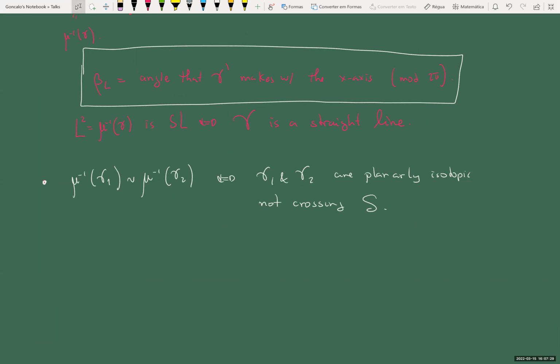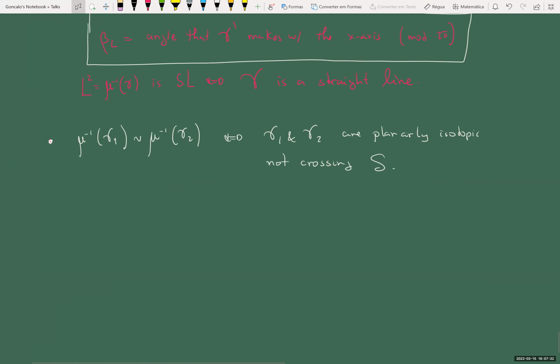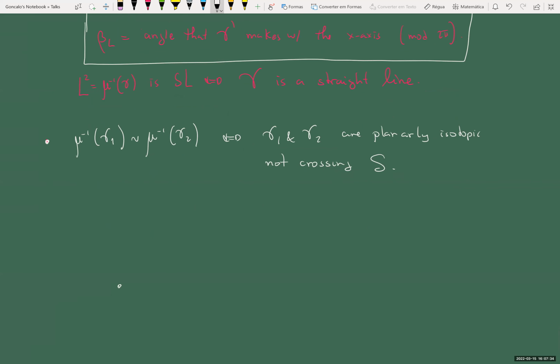Okay, so let's see an example, just to make sure we understand. Let's suppose we have 3 points in S, and they are in this plane. And I have some Lagrangians that are straight lines. Say I have this one, call it L1, and L2, and L0. So these are curves that correspond to Lagrangians upstairs.